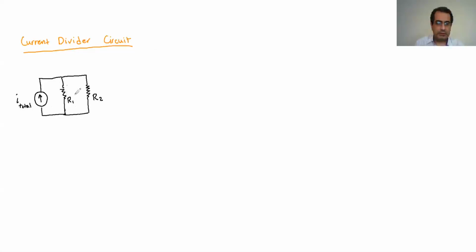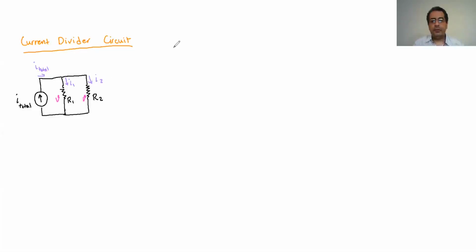Whatever voltage this one has, the same voltage is here. So if it has V, the voltage here is going to be V as well. Because they're parallel, they have the same voltage, but the current is going to be divided. So if this I total is coming here, then it's going to be divided into I1 and I2.